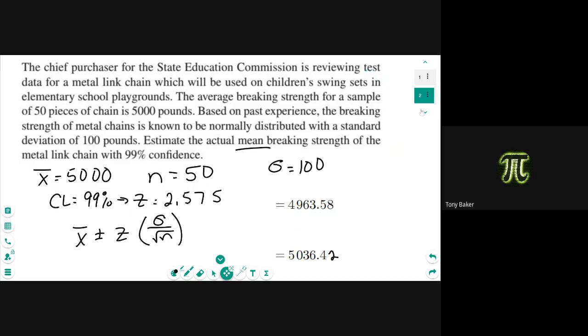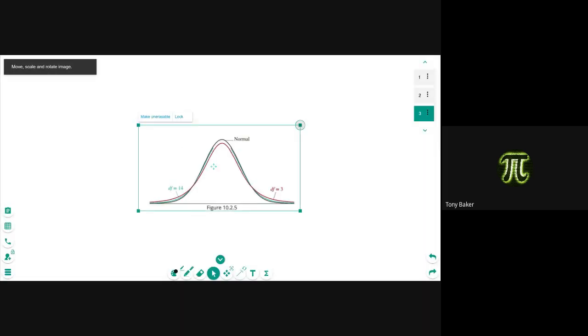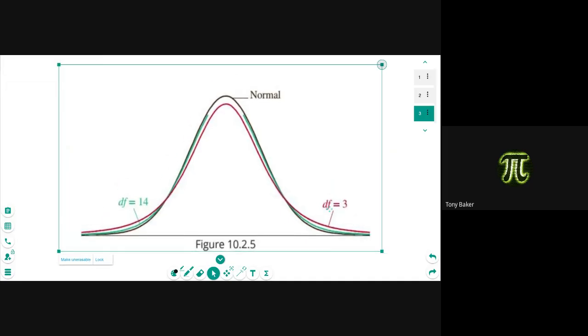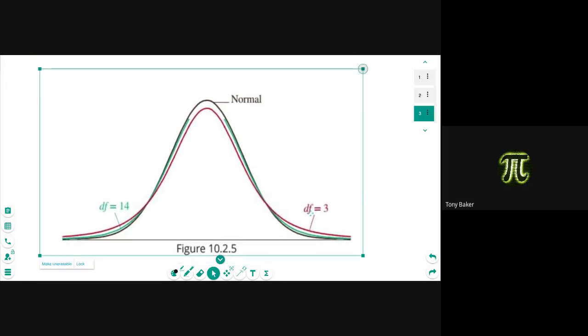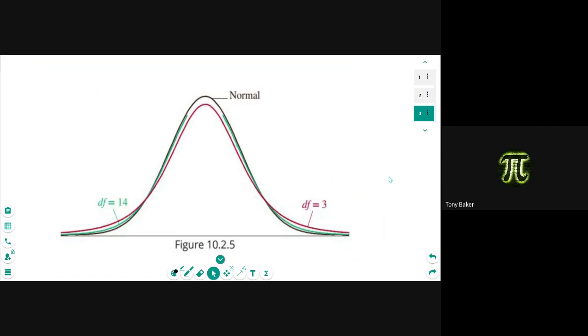So when we're looking at the bell curve, what was the number of data that I said, once you get this, we can always use the Z table or the Z and the normal curve?